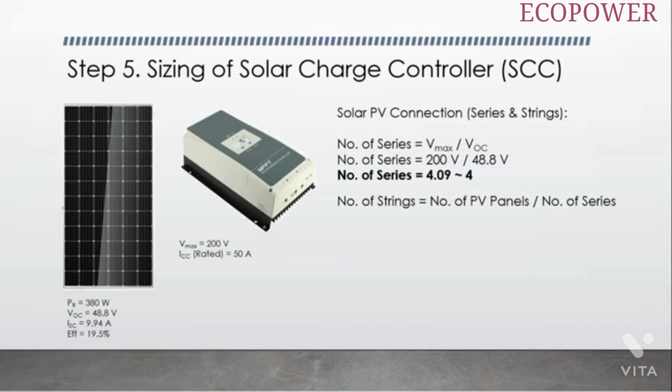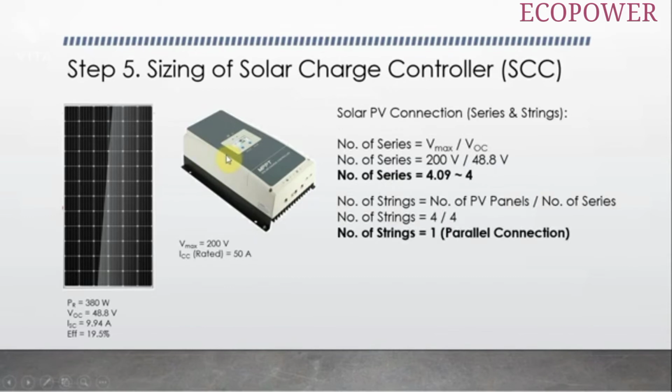Next, we compute the number of strings. We divide the number of solar PV panels we got from step 2 by the number of series connections. In step 2, we computed that the number of panels that we require to support our load would be 4, divided by the number of series, which is also 4. So the number of strings that we will need is 1.